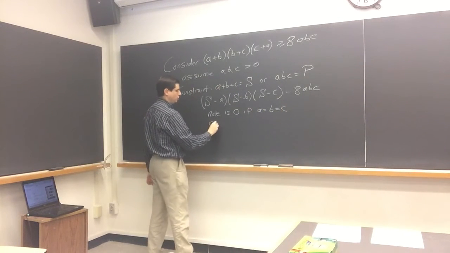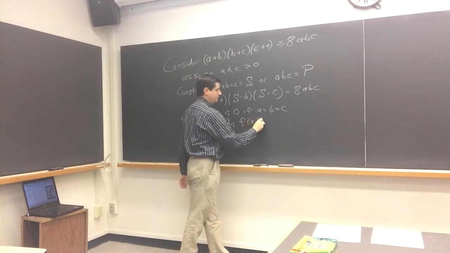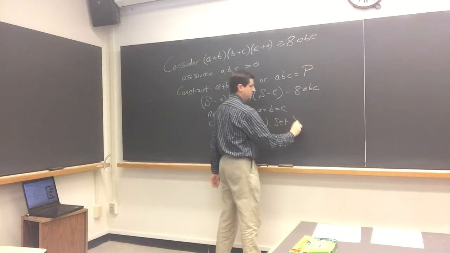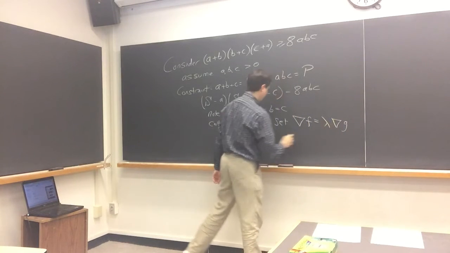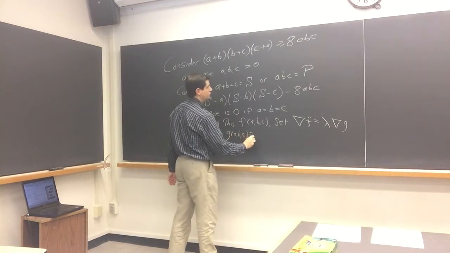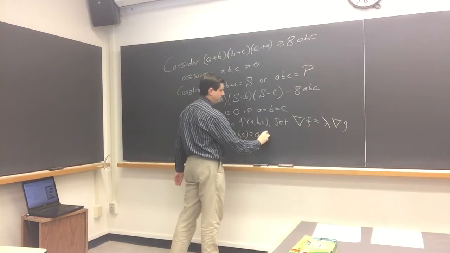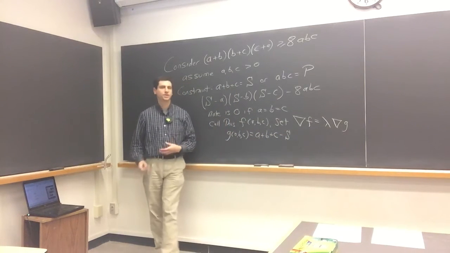So we could call this f of a, b, c, and set the gradient of f equal to lambda times the gradient of g. g of a, b, c is just a plus b plus c minus s. You don't have to put in the minus s if you want.